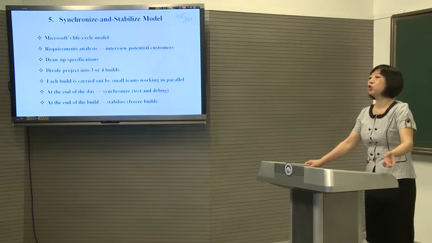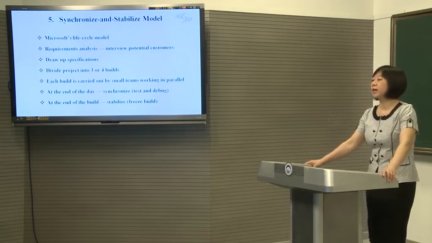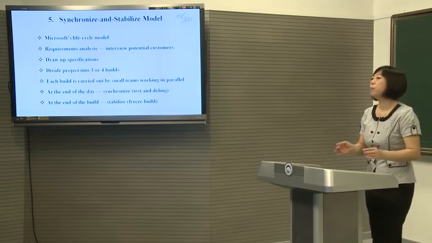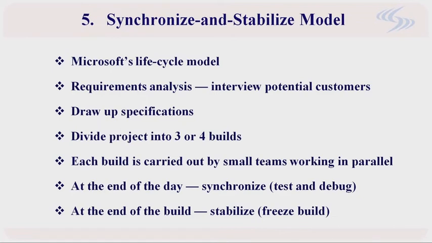And then they will draw up specifications for the target software system. And then they will divide the project into 3 or 4 builds. And each build is carried out by small teams working in parallel. At the end of the day, each build will be tested and debugged.